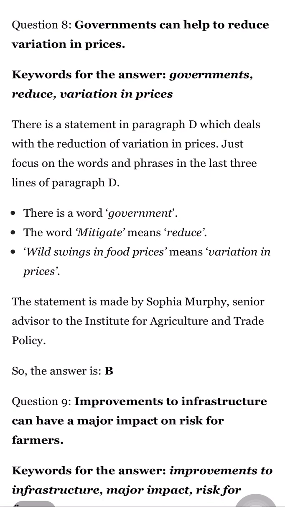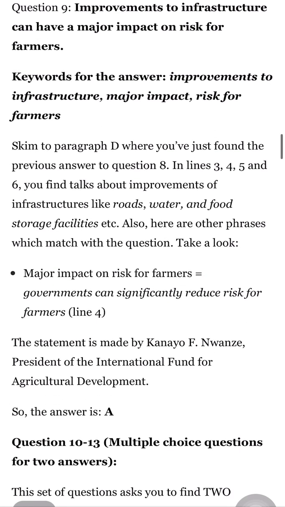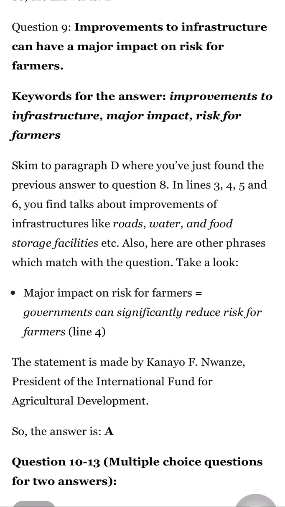Question 9. Improvements to infrastructure can have a major impact on risk for farmers. Keywords for the answer: improvements to infrastructure, major impact, risk for farmers. Skim to paragraph D where you've just found the previous answer to question 8. In lines 3, 4, 5 and 6, you find talk about improvements of infrastructure like roads, water, and food storage facilities, etc. Also, here are other phrases which match with the question.